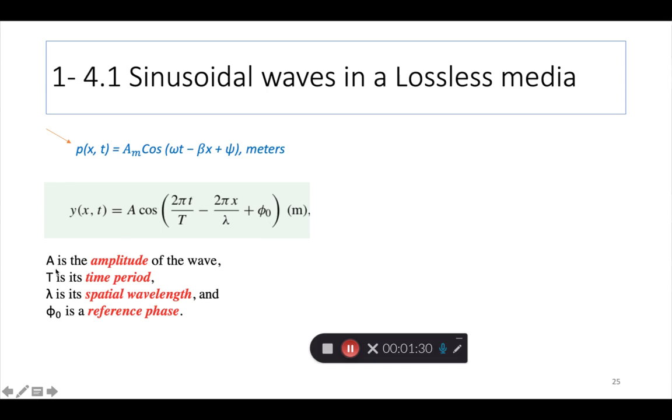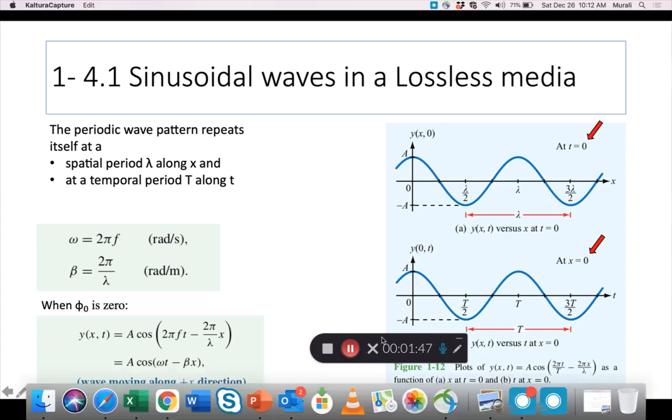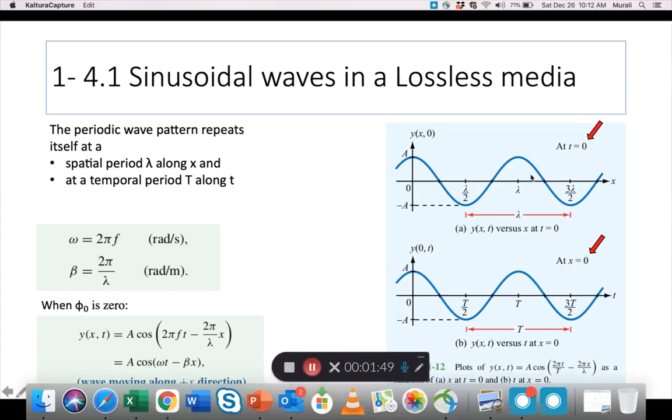Okay, so A is the amplitude, T is the time period, lambda is its spatial wavelength, and phi 0 is a reference phase.